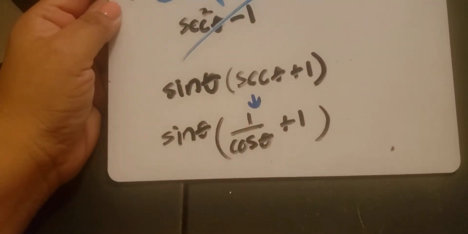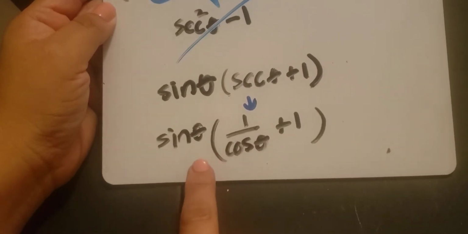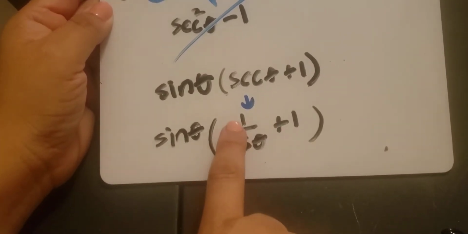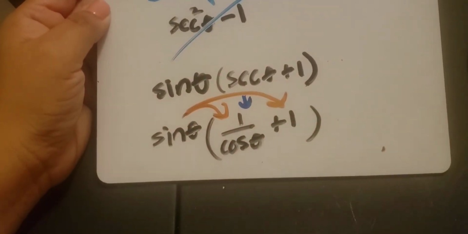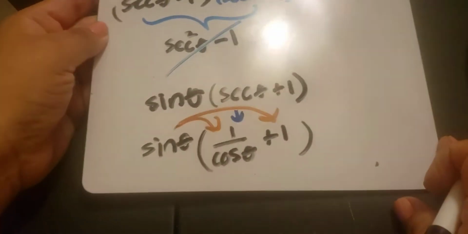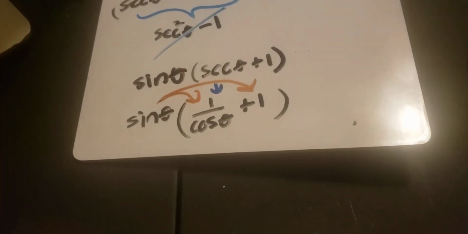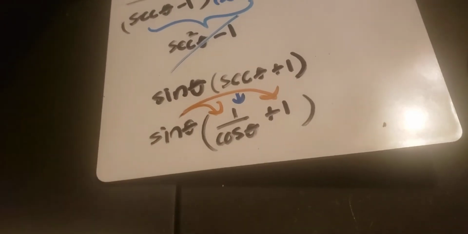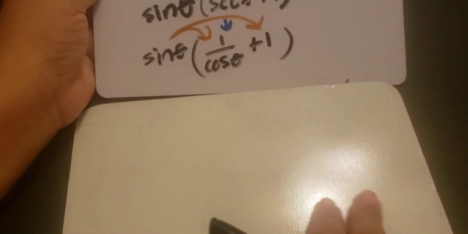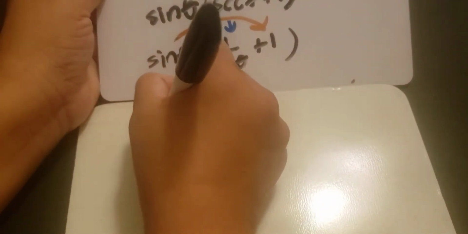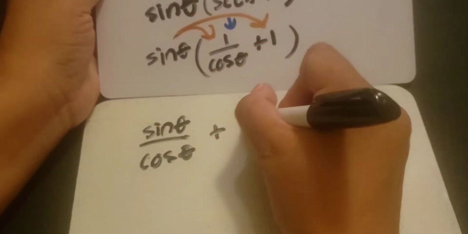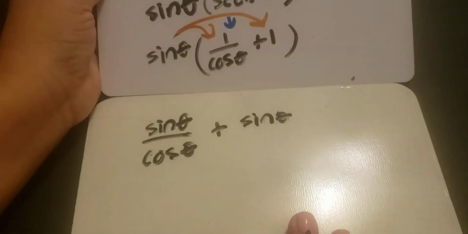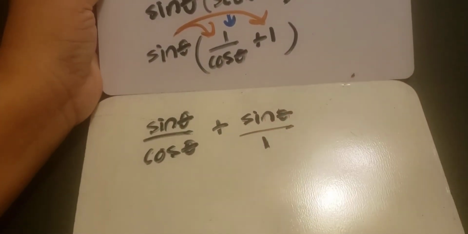Not quite the same, but the only thing I can think of doing is distributing this, because then I know I'll have sine over cosine. So let me distribute. And let me bring my other whiteboard in. So this is what I have so far. Now I'm going to have sine of theta over cosine of theta plus sine of theta, and I'm just going to put it over 1.